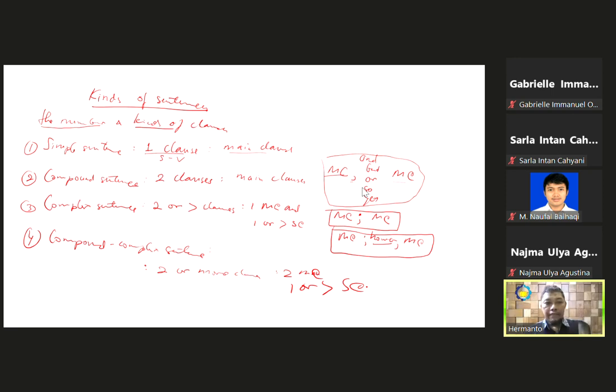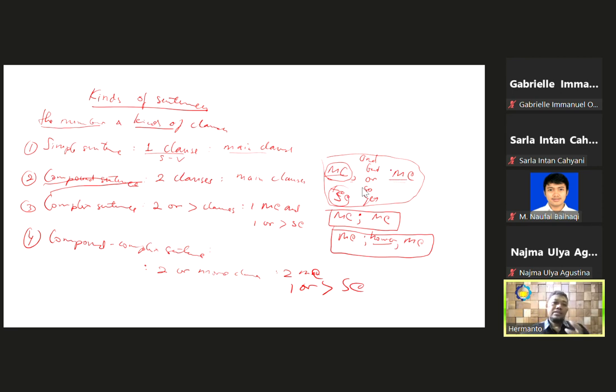So if you make a compound sentence, and one of these main clauses has a subclause, it becomes a compound-complex sentence. The subclause can be in the first main clause or the second one.